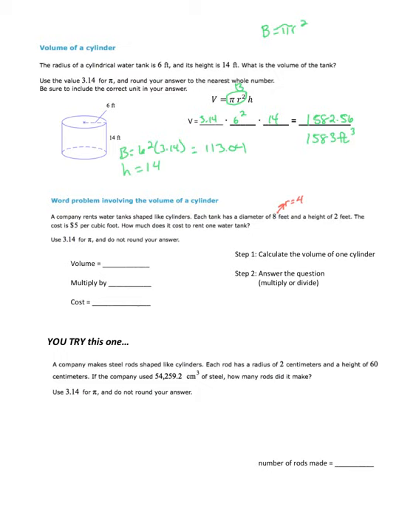So first, we've got to find the volume because it is the $5 per cubic foot. Cubic foot is volume. Square foot is surface area. Cubic foot is volume. So we need the volume of one cylinder. So here we go. V equals B times H. Big B base equals pi r squared, so 4 squared times 3.14.